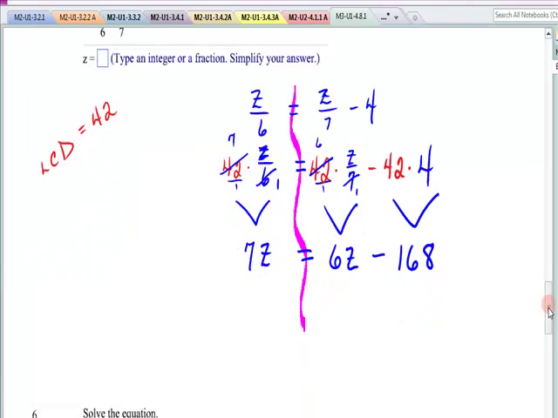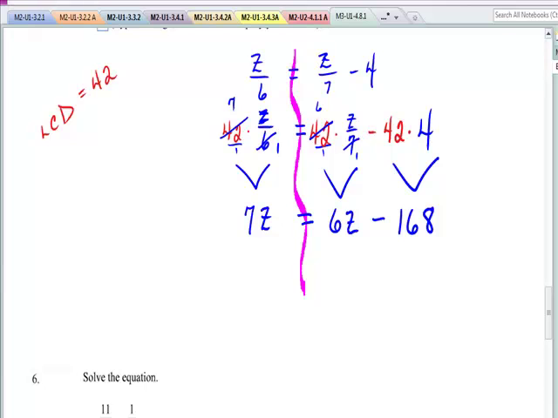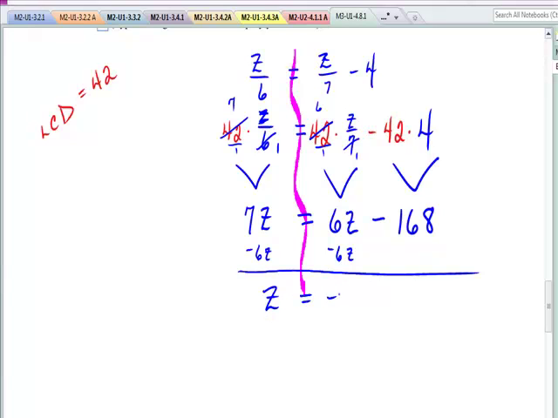All right, now there's no simplifying that I can do, but I do have variables on both sides. So I'm going to subtract 6z from both sides. That leaves me with a single z. 1z is equal to negative 168, and I think I'm done.